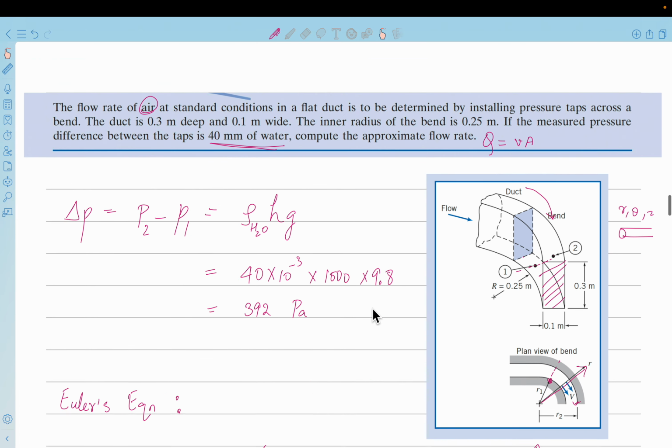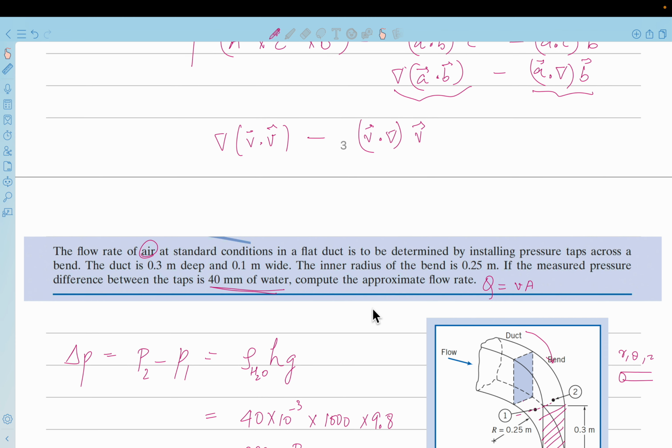Okay, when we were solving this question, we said the pressure between two locations is given to us, and that's 40 mm of water. What did you understand by that pressure? What is it? The pressure is of what?